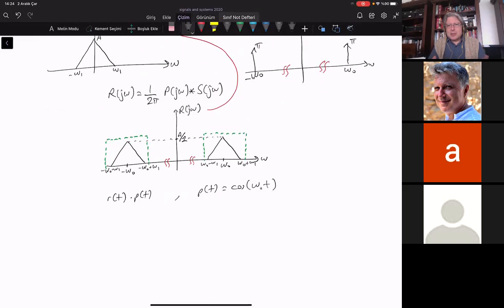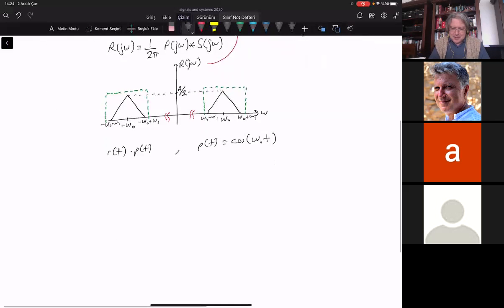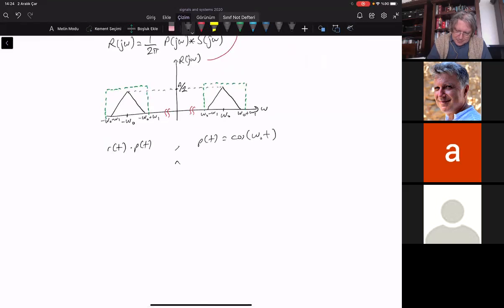So you multiply the time signal with P of t. So the demodulation is again another modulation. I'm modulating again. And what's happening over there? This result I am going to denote by S prime of t.